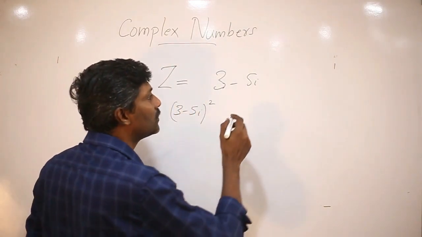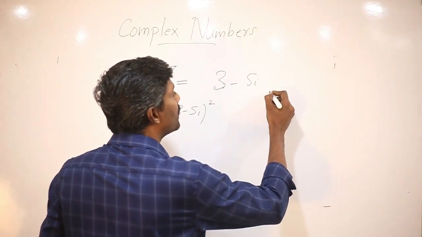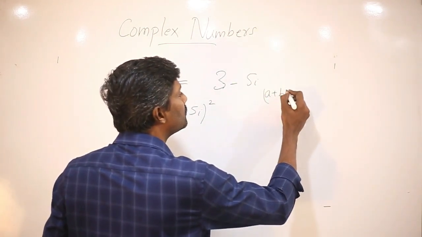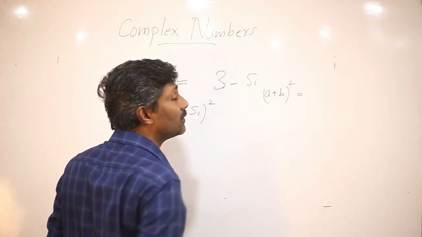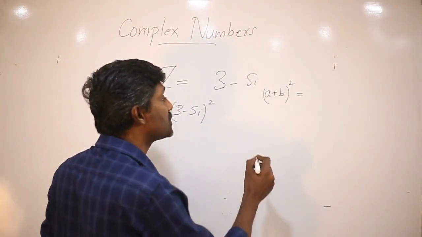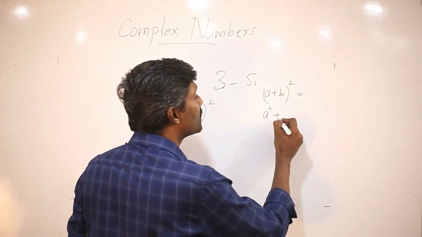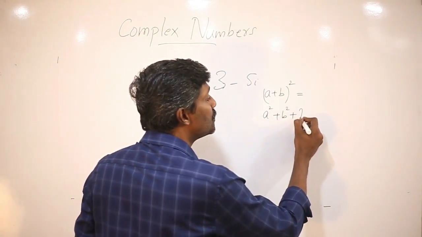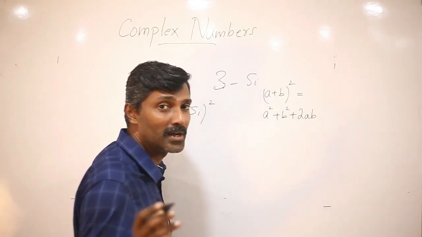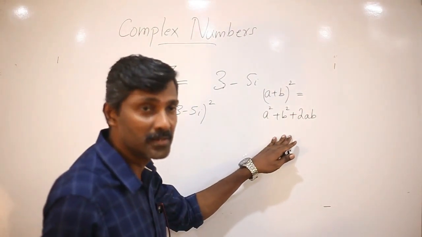We all know the value of a plus b the whole square, right? What is a plus b the whole square? This identity, everyone knows that. A plus b the whole square is a square plus b square plus 2ab, right? Apply the same identity here.